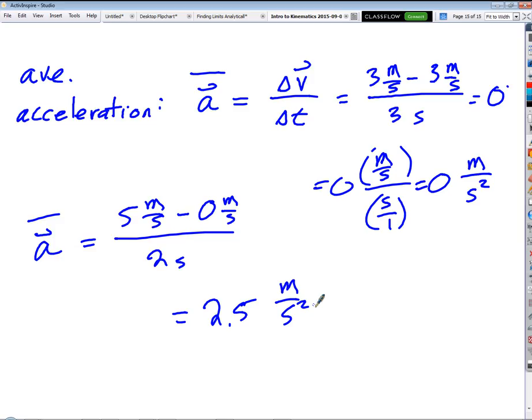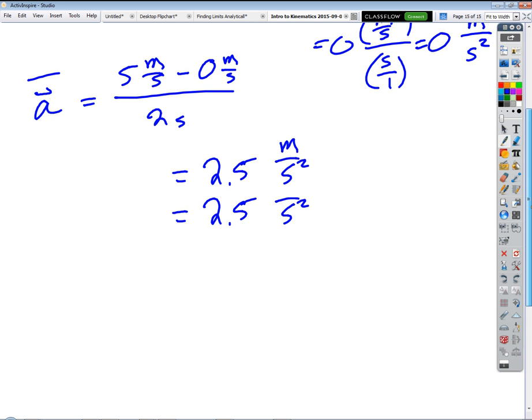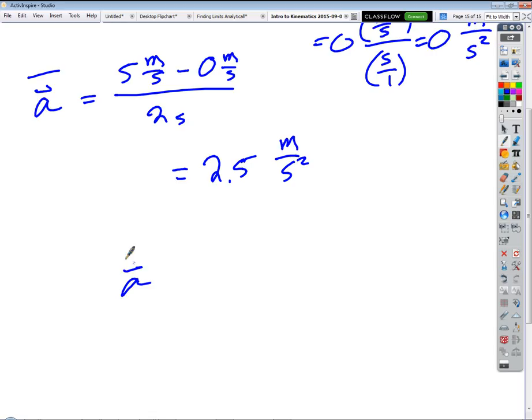Okay. Now let's do this. Last example I want to get through. Now let's say I'm cruising along at 5 meters per second when I start the stopwatch, and I'm coming to a rest. After 2 seconds, I screech to a halt. Now what's my acceleration in that case? My average acceleration is going to be my final velocity of 0 minus my initial velocity of 5, divided by 2 seconds.